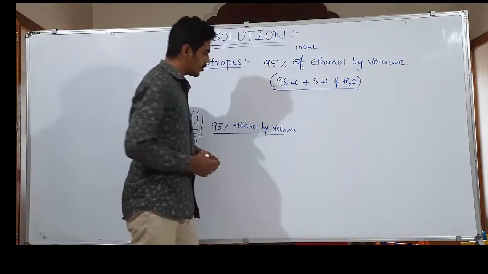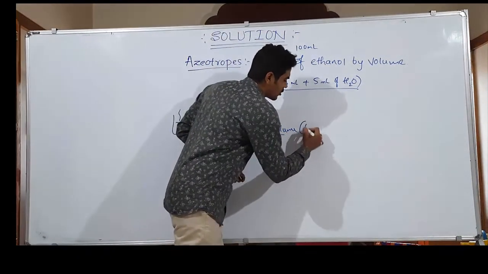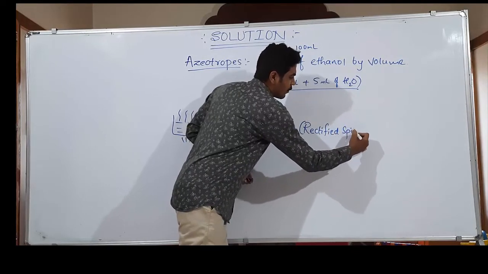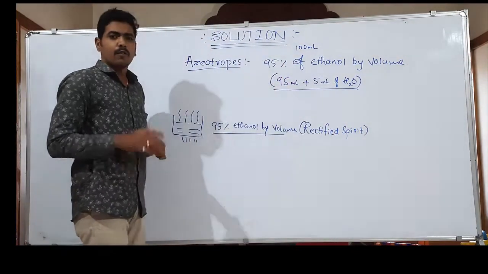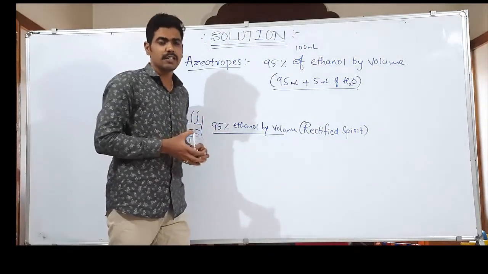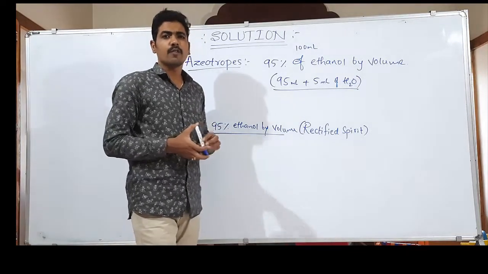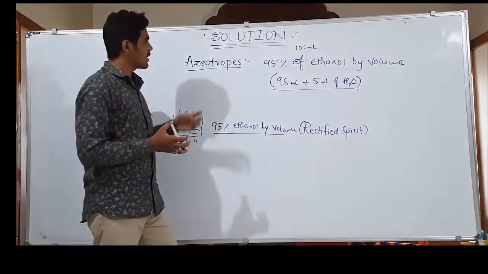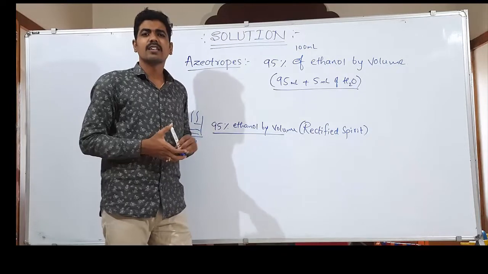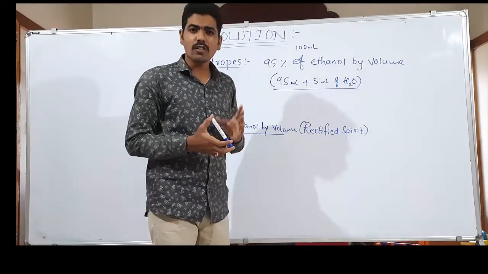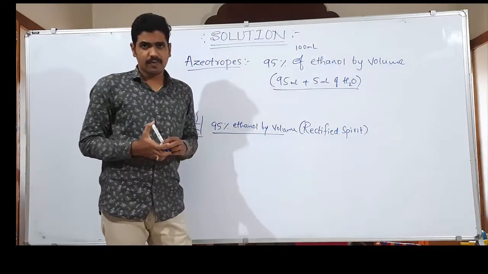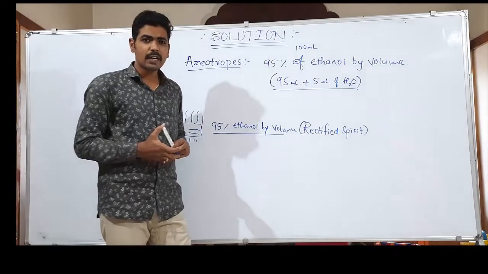This 95% ethanol by volume is also known as rectified spirit. So the solutions where we cannot completely separate the two components are considered as azeotropes, or they are also defined as binary mixtures having constant proportions and boiling at a constant temperature.